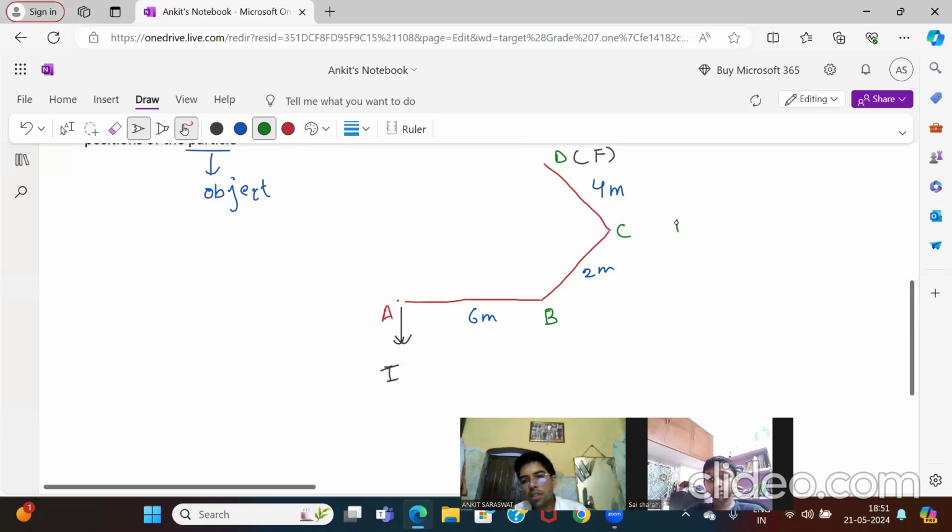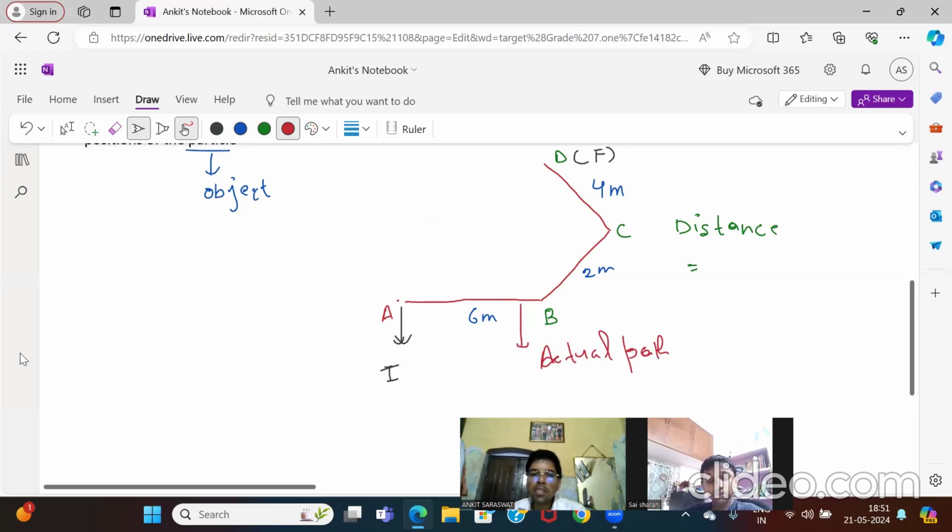Distance means it is the length of the actual path. So this red line is my actual path, on which my object is moving like this: A to B, then B to C, then C to D. Finally, it reaches D.